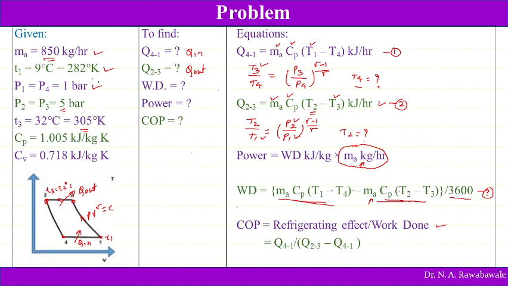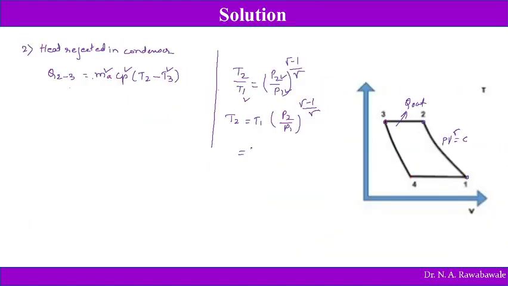T1 is 282 degree Kelvin, P2 is 5 bar, P1 is 1 bar, to the power of (1.4 minus 1) divided by 1.4.